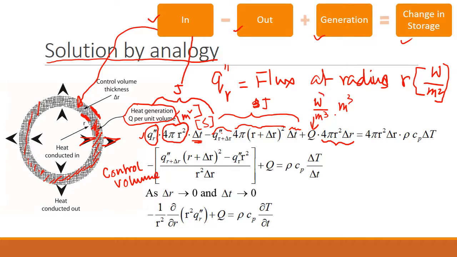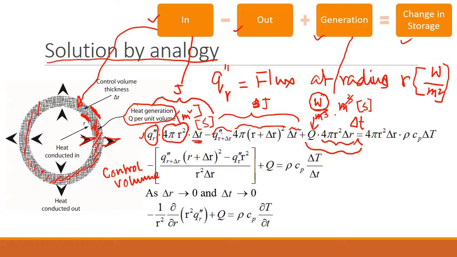Notice this is still in watts, so there is a mistake here. We should add delta t, which is in seconds. So this total thing is the amount of heat in joules, because the meter cubes cancel, so we have watts, and watts times seconds is joules. So the joules that is generated is equal to the change in storage.